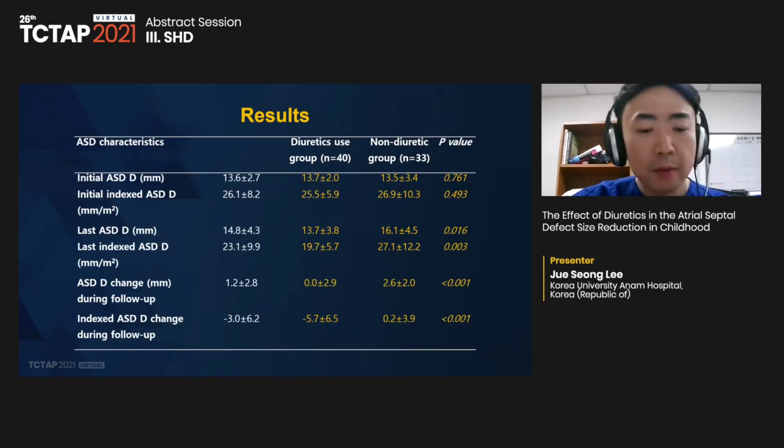The ASD diameter at diagnosis was larger in the diuretic group and the indexed diameter was larger in the non-diuretic group. At the last follow-up, the ASD diameter and the indexed diameter were significantly smaller in the diuretic group. During the follow-up, the non-diuretic group showed significantly increased ASD diameter change compared with the diuretic group. The indexed diameter significantly decreased in the diuretic group during follow-up.